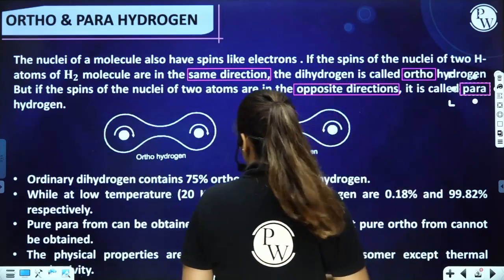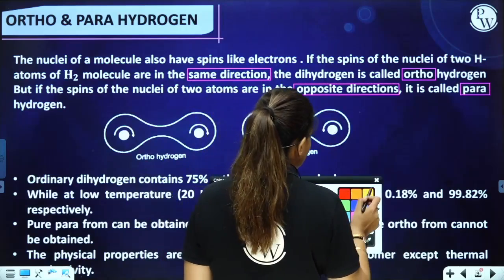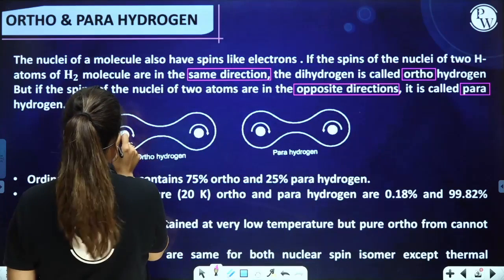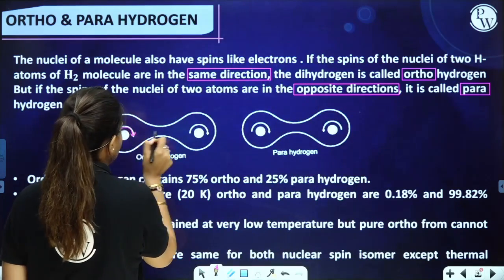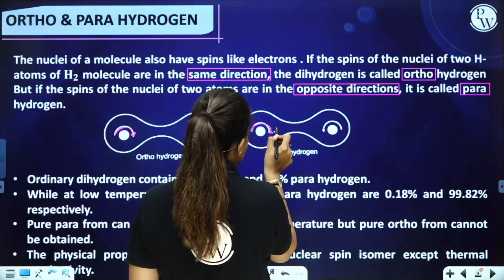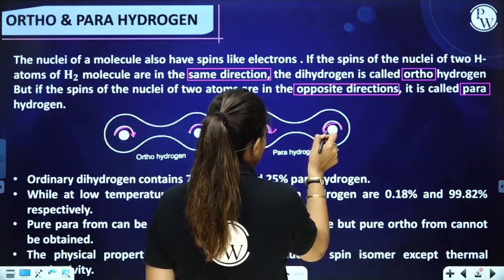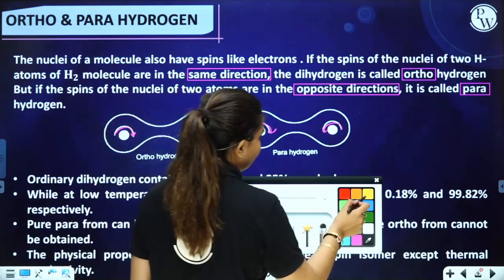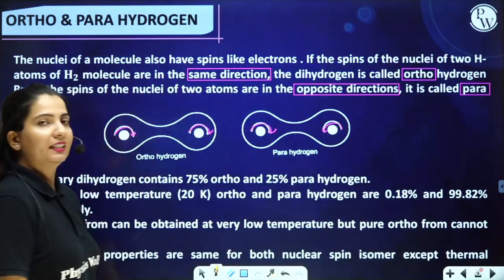So with the same spin we will be having the ortho, and with the different spins we will be having the para. So the same spin and the different spins is representing the spin isomers.